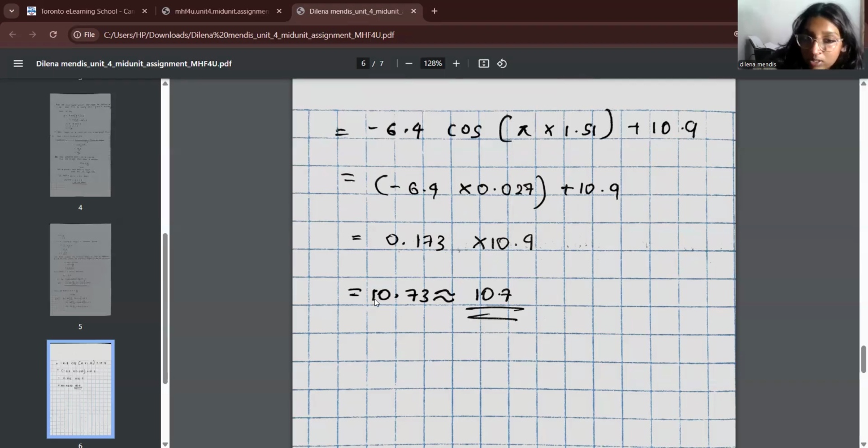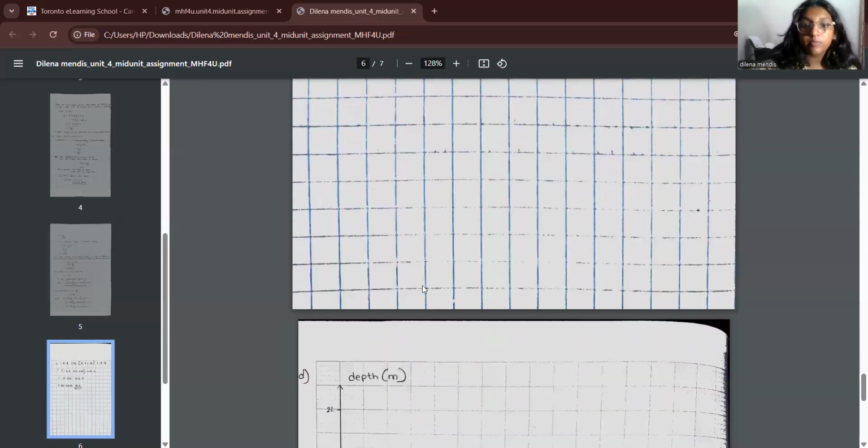It will result in an answer of 10.73, which is roughly equal to 10.7.